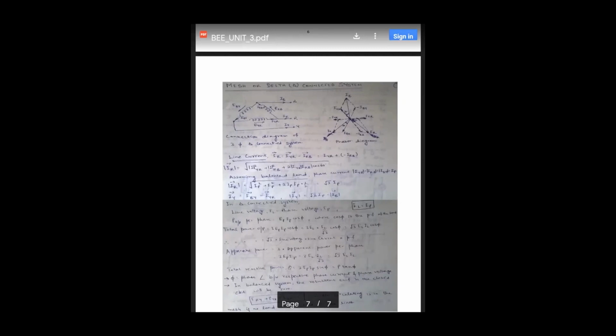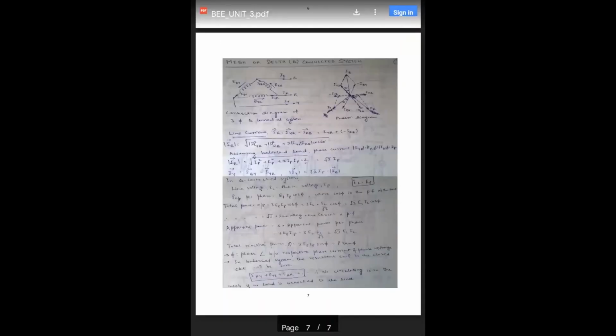Here also, when ERY, EYB and EBR are added, it becomes zero. So it means there is no circulating current within the mesh if no load is connected to the lines.